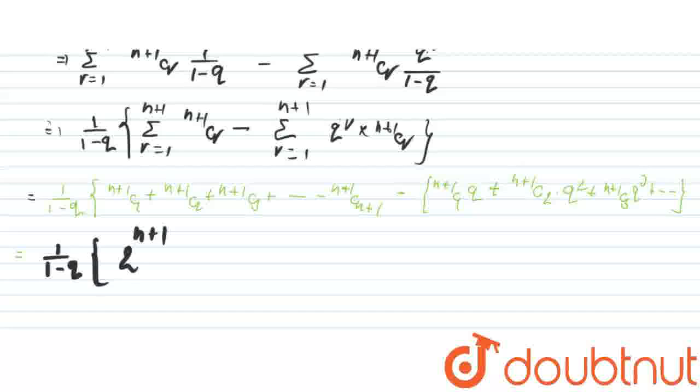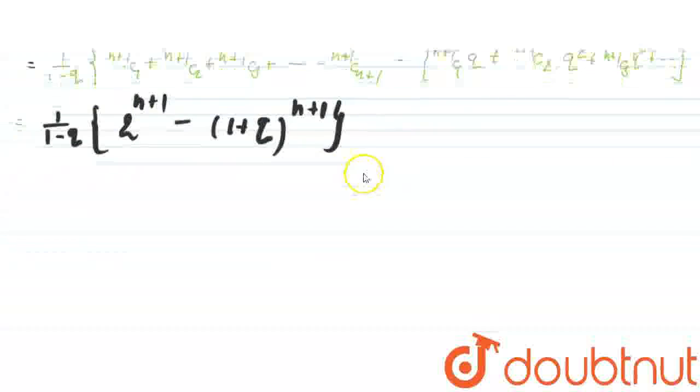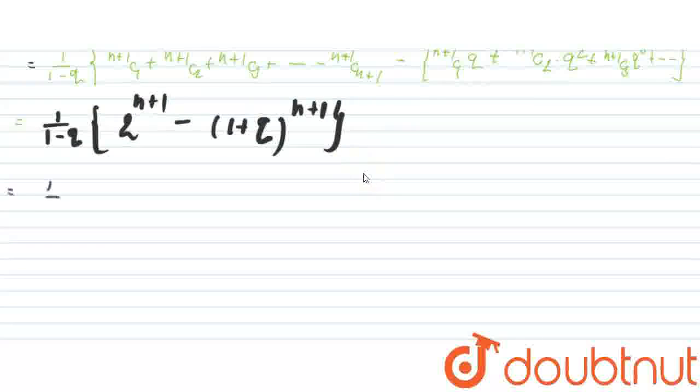So I can write these things minus, this is nothing but the expansion of 1 plus q to the power n plus 1, isn't it? Okay, now I will solve this, so I can write 1 divided by 1 minus q. Now just imagine, this is our first equation.